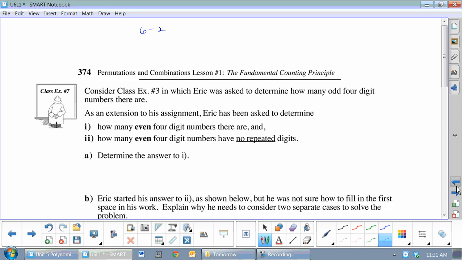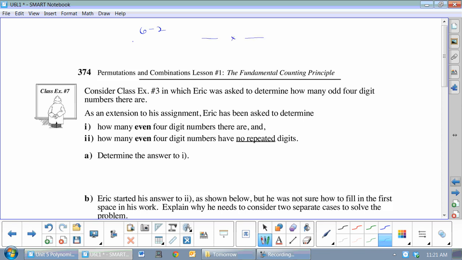So the game ends 6-2. What are all the possible scores that could have been at the end of the second period? Okay, well, let's talk about it.